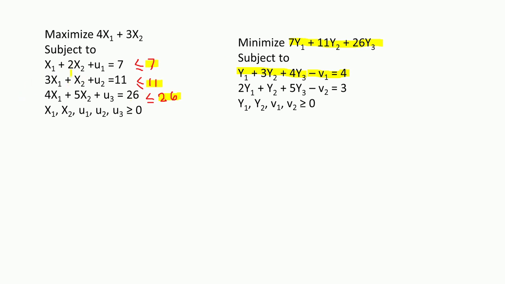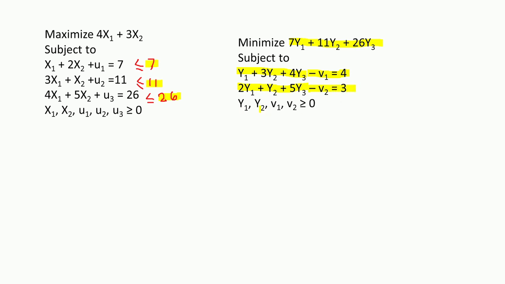The second constraint will be 2y1 plus y2 plus 5y3 greater than or equal to 3, and with the addition of the negative slack, minus v2 is equal to 3.